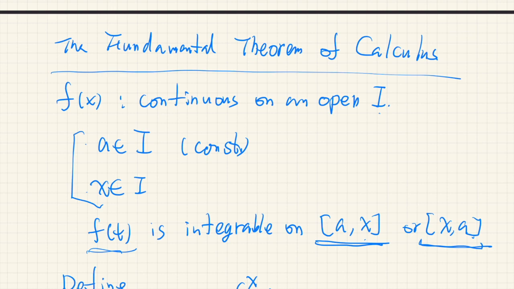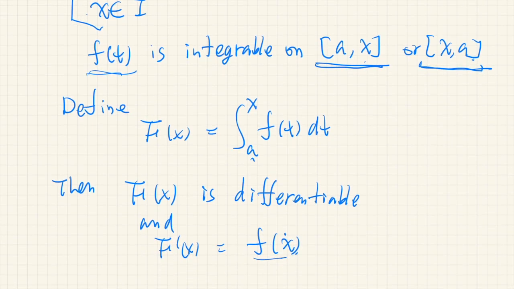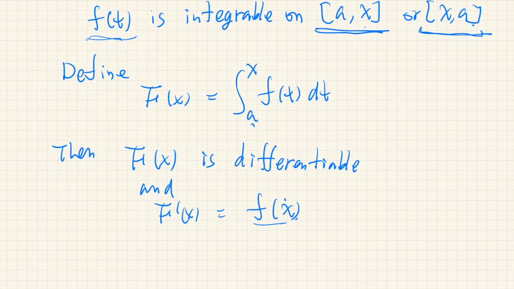This theorem is important because it gives us a way to actually calculate an integral, right? So if we can find such a function as this capital F of x, then that is the integral of the function, right?